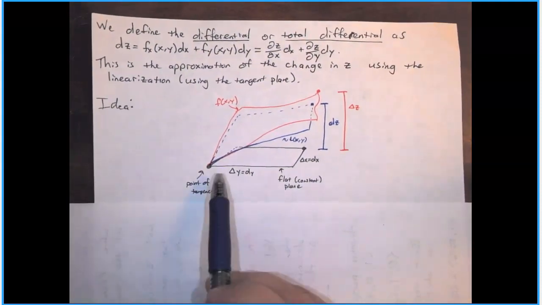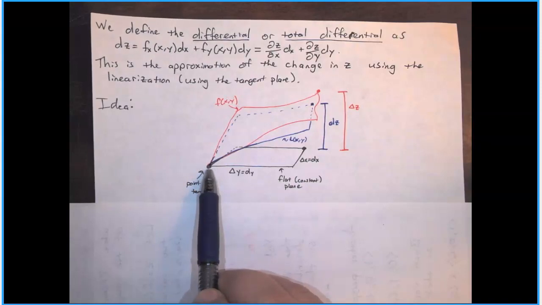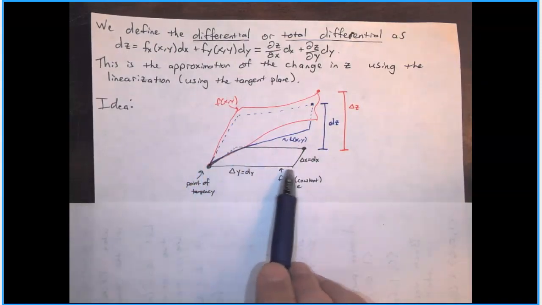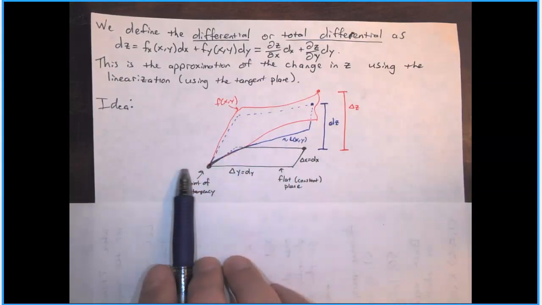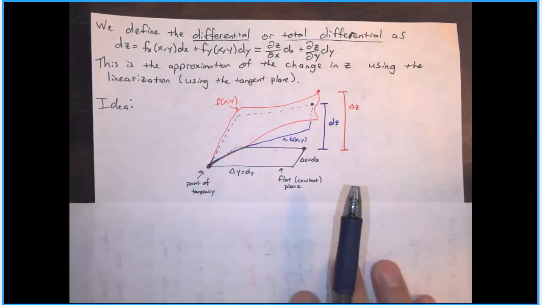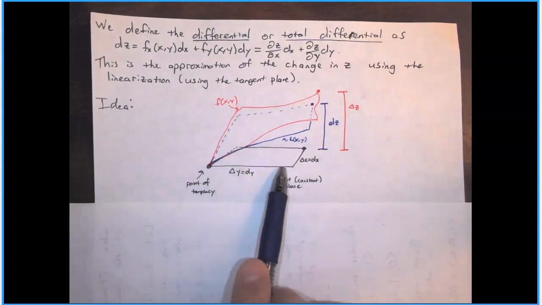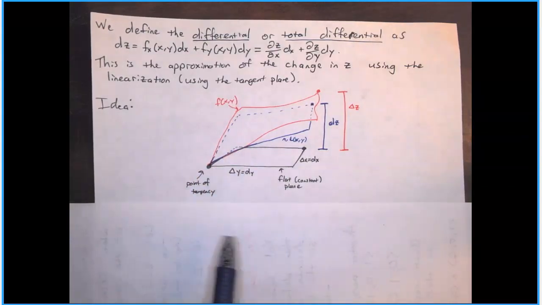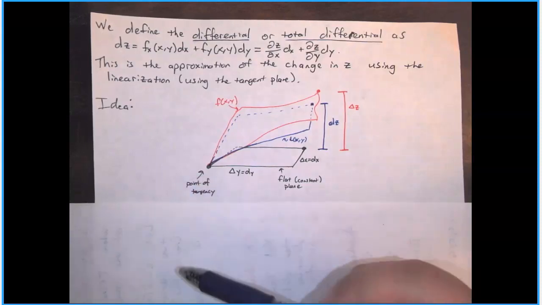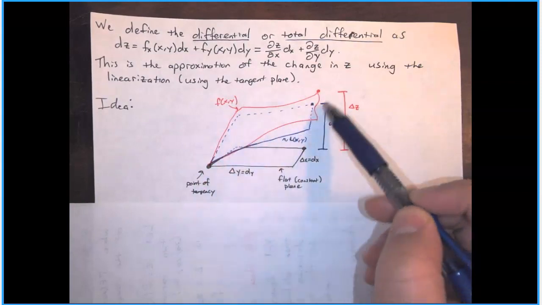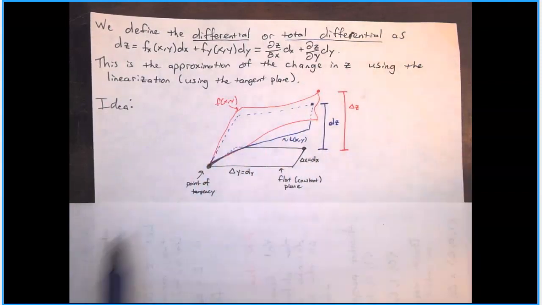So in this picture, let's say we're starting at this point x, y, and this black plane is just a horizontal plane, just represents no change. So this is completely flat. The z value everywhere in this plane is the same. Okay? And then what we're interested in is this red kind of wiggly surface.